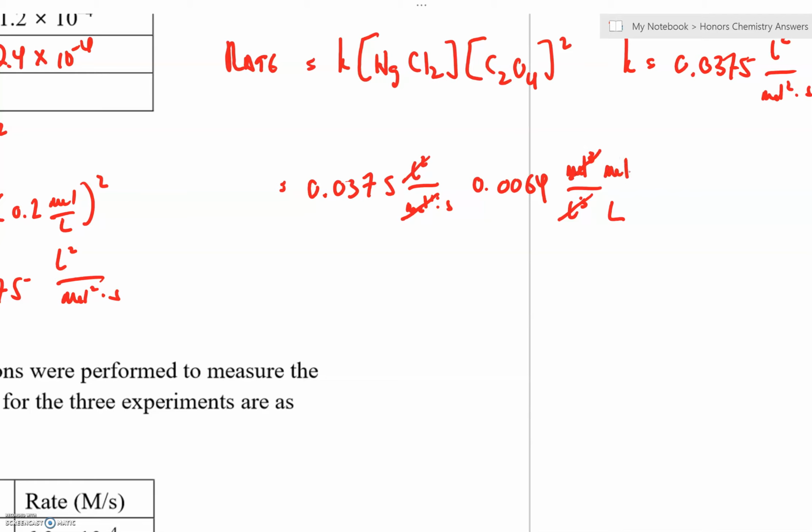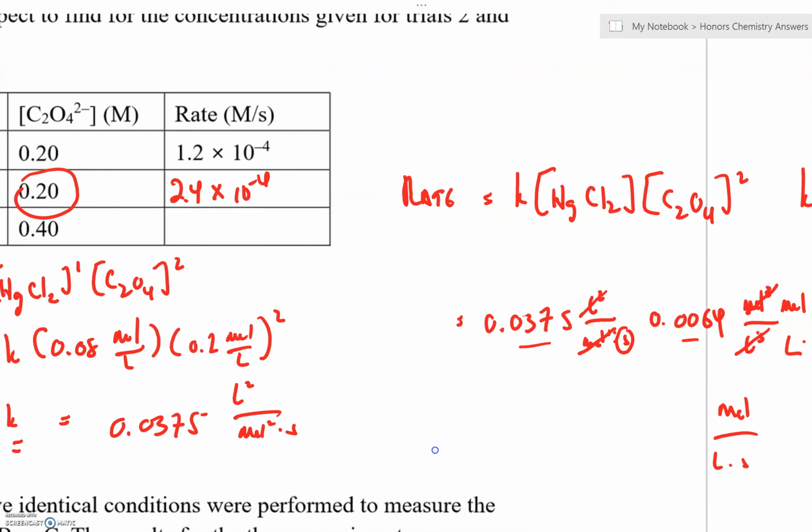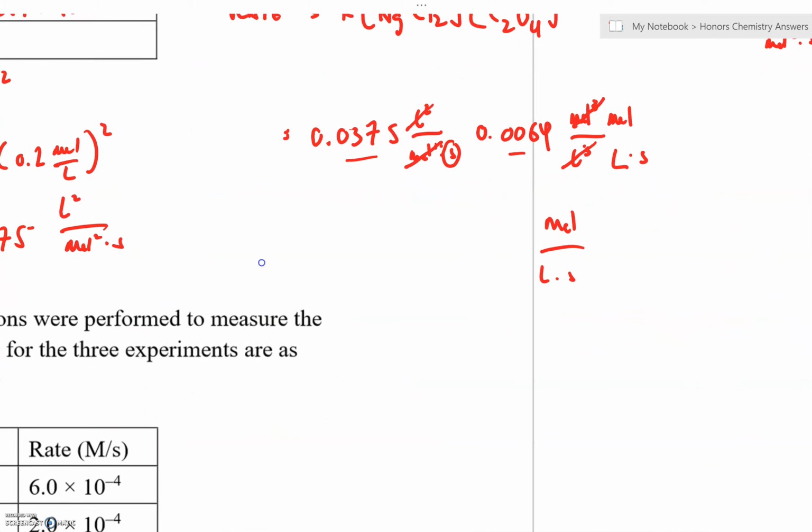Interesting. Moles per liter, and it leaves seconds. So the unit for the rate after we get done with all this is moles over liters times second. All we have to do is multiply this and this to get the rate. We already know it's going to be 2.4 times 10 to the negative 4.